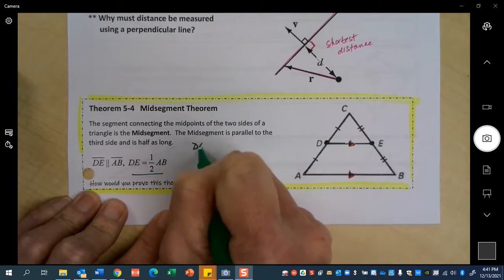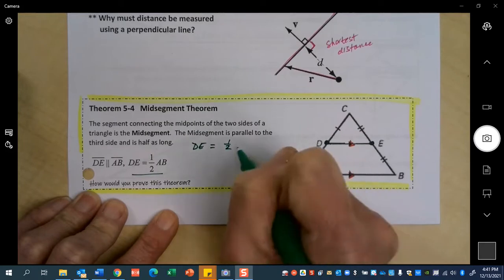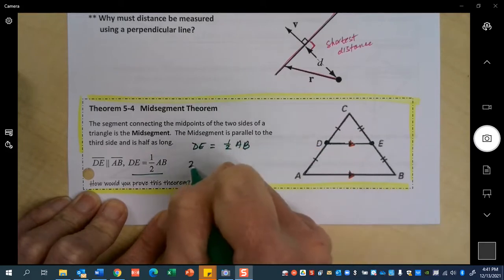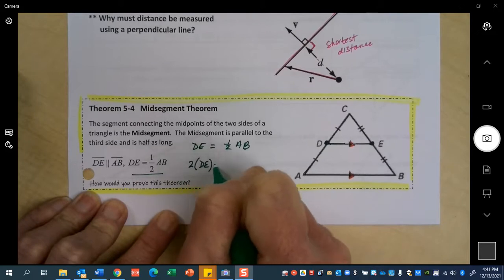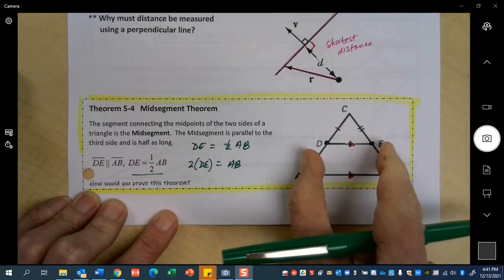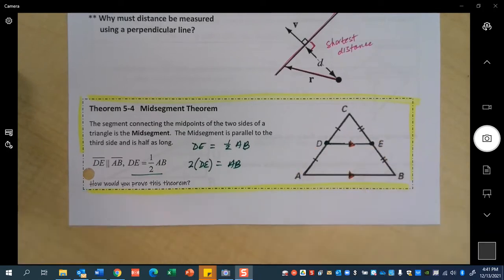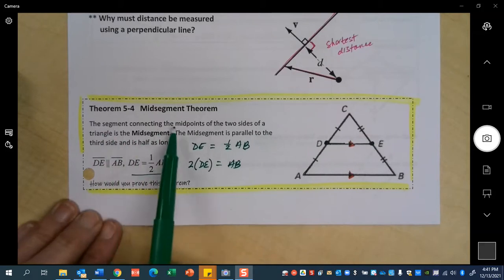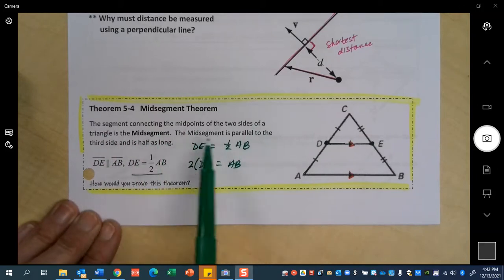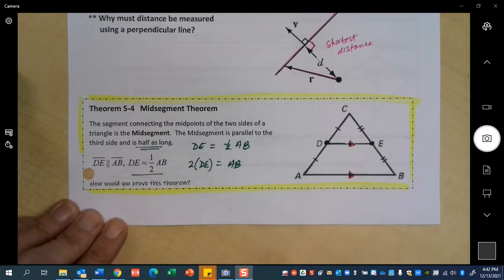So the distance from D to E is going to equal half of the distance of A to B. We could also say that twice DE is equal to AB. The segment containing the midpoints of the two sides of a triangle is the midsegment. It's parallel to the third side, and it's half as long.